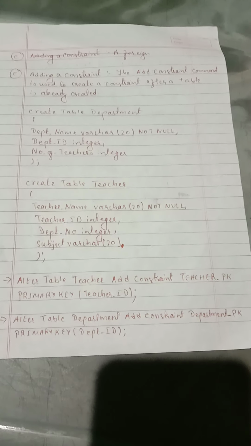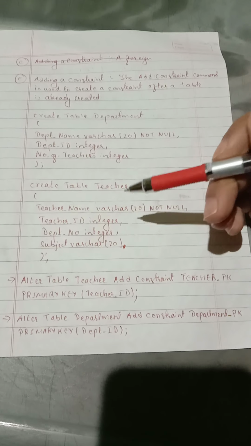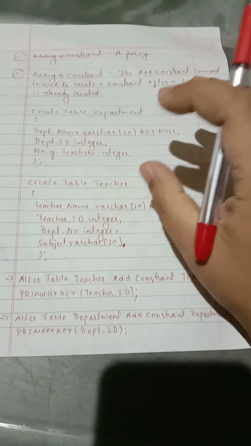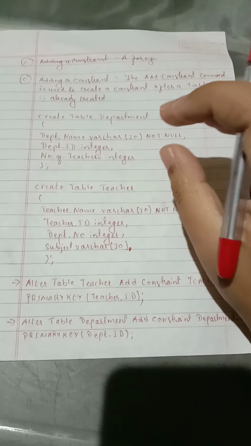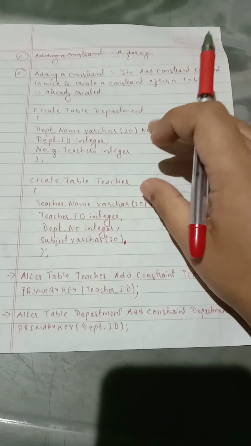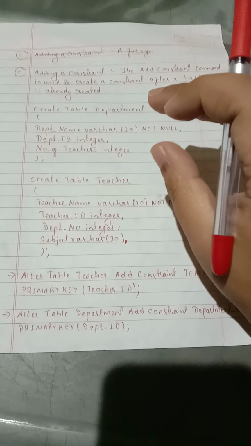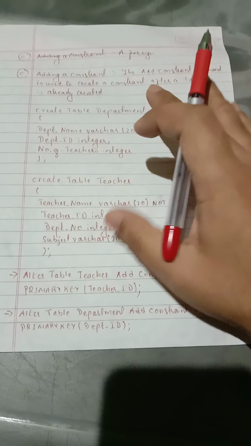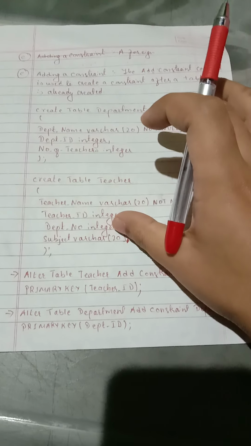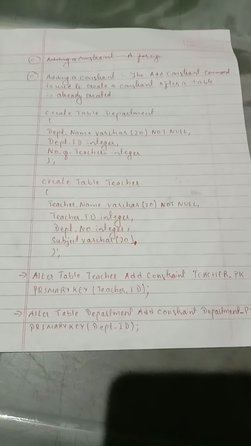For example, in the department table and in the teacher table, we don't have a primary key constraint in these two tables. We have created the tables, and there is no primary key in the department table and in the teacher table, and no foreign key in the department table and in the teacher table.